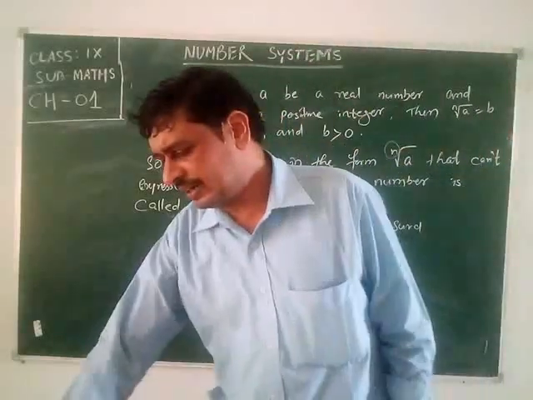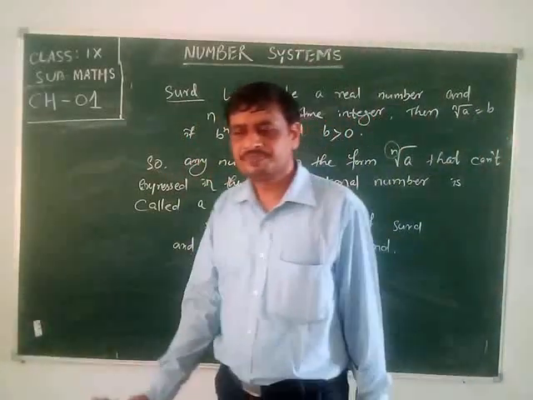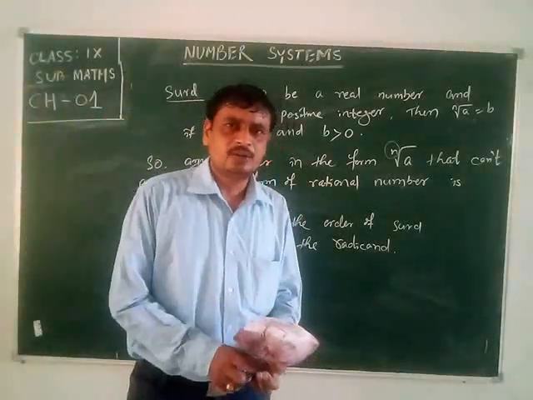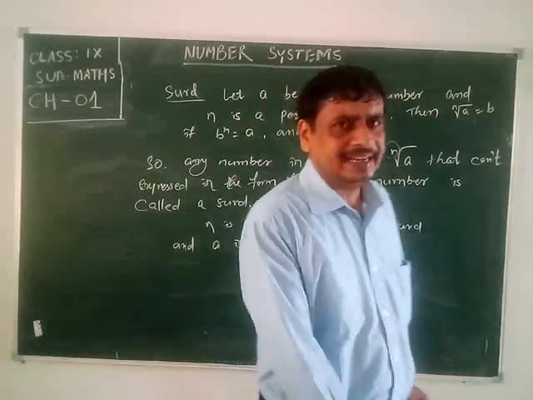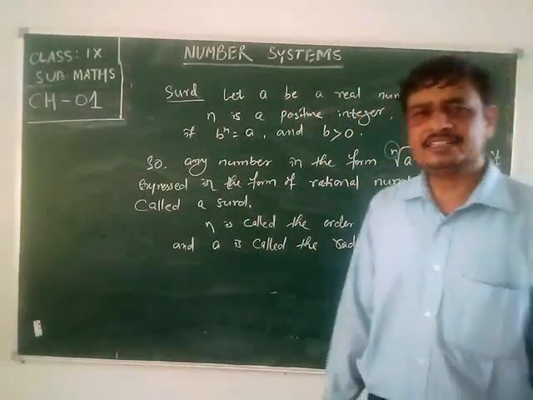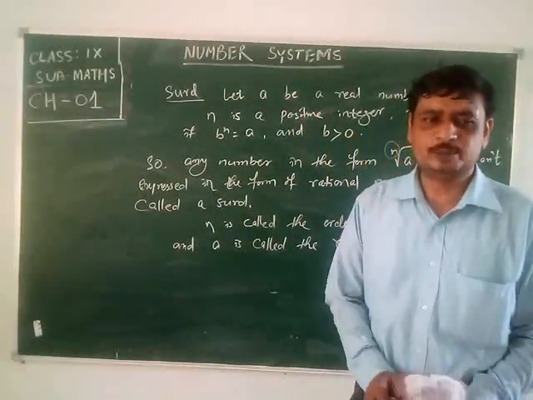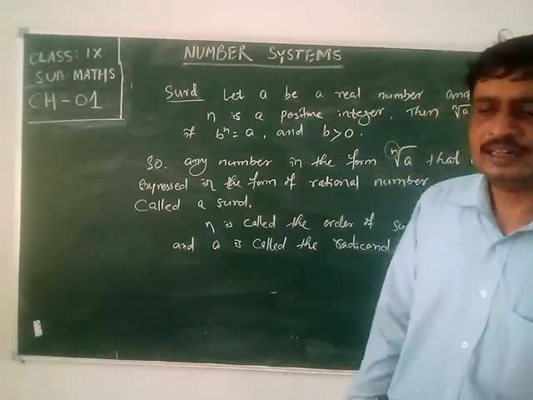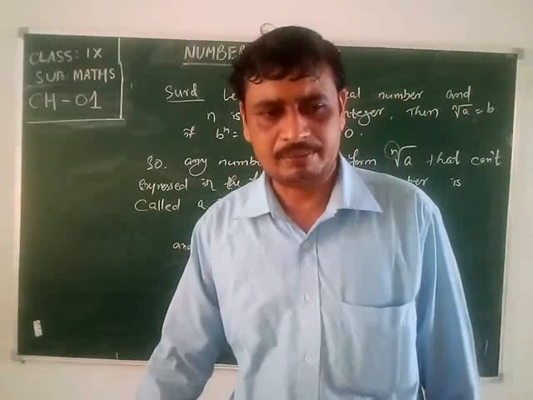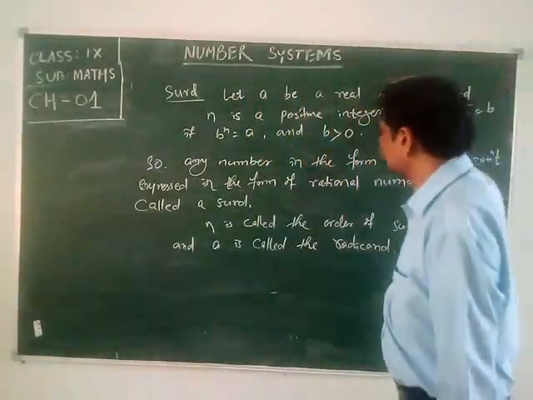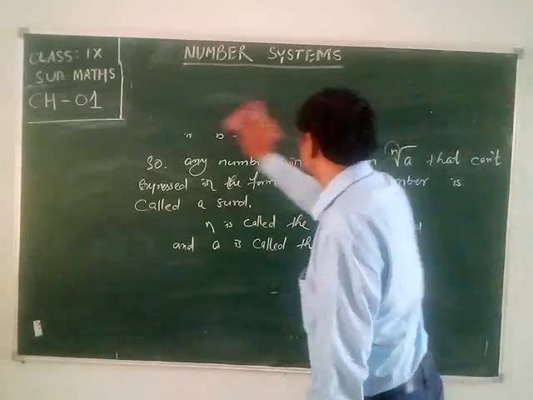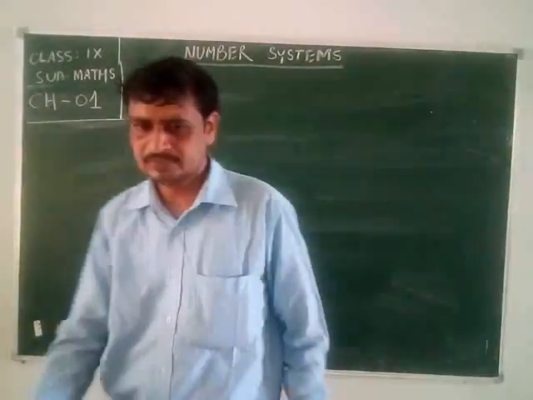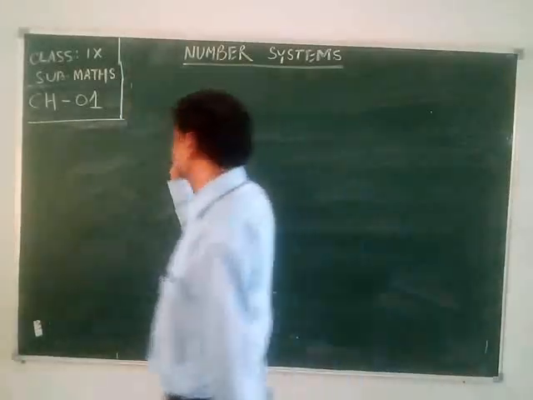Next, we will discuss how we can rationalize when any fraction contains an irrational number in its denominator. How to rationalize the denominator when the denominator is an irrational number. Here a number is given.